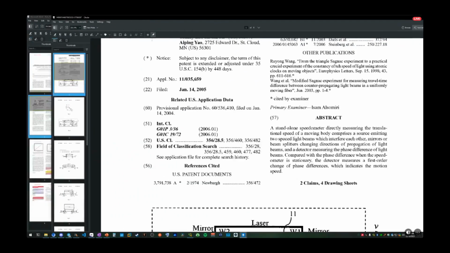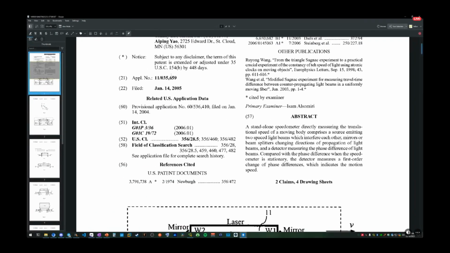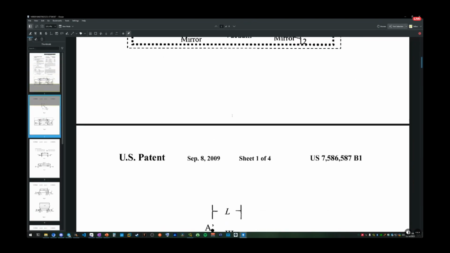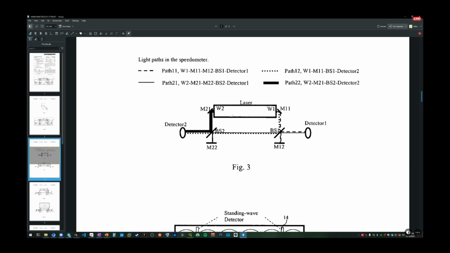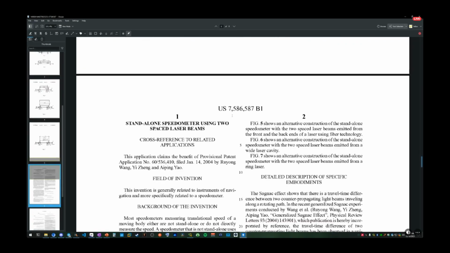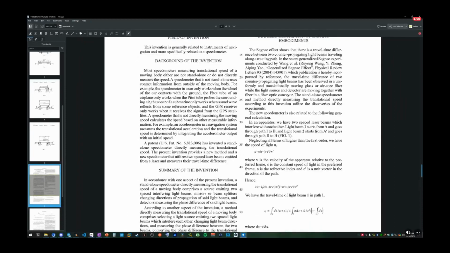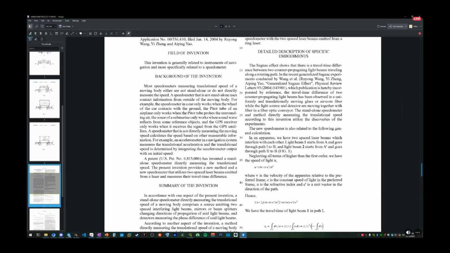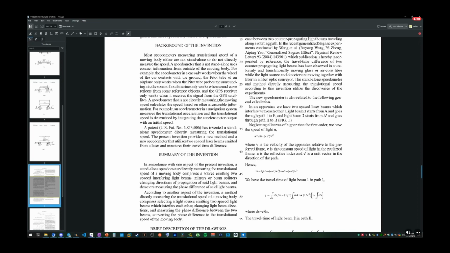So this experiment that we've been breaking down all this time is basically a patented, experimentally proven experiment that shows linear motion being measured with interferometry. In that case, if we can measure linear motion with interferometry, we should be able to measure the orbital motion of the Earth with interferometry. And if we can't, then we need to have an explanation. Oh my god, look at these equations, bro.